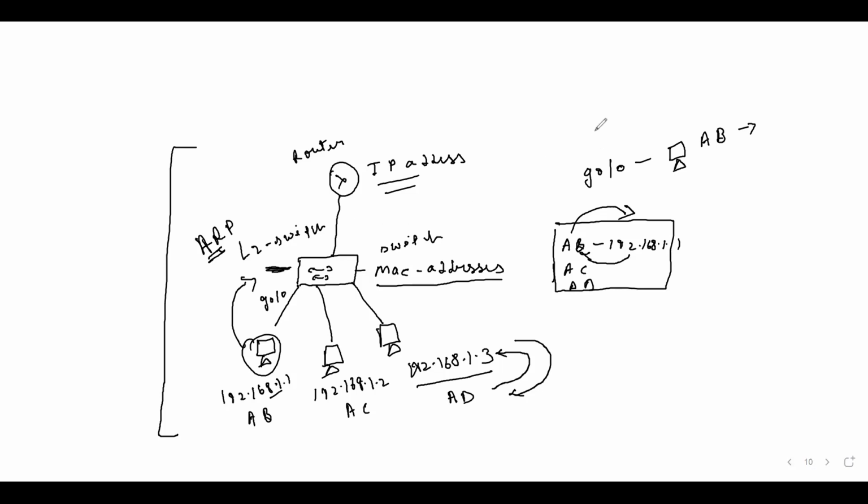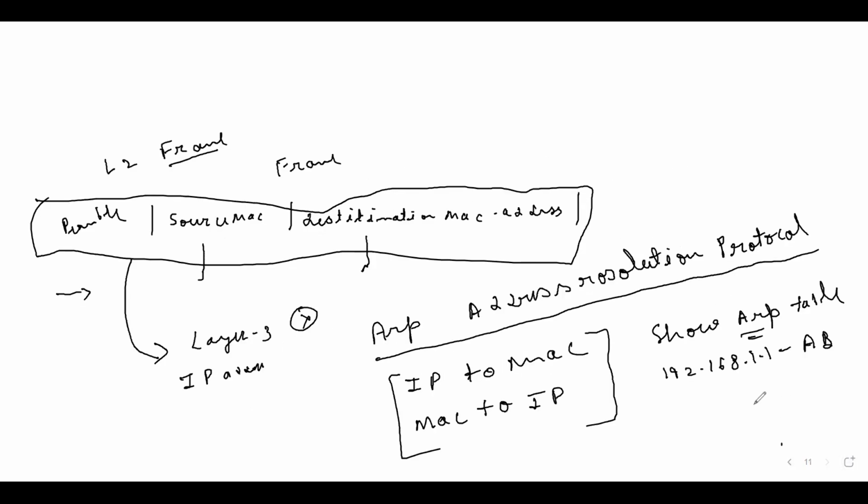I still don't get how it's going to convert it. That is why, if you want to check the IP address against the MAC, we use show arp. Show arp means I am trying to check what type of information my switch is getting right now. We can make a little topology regarding this.